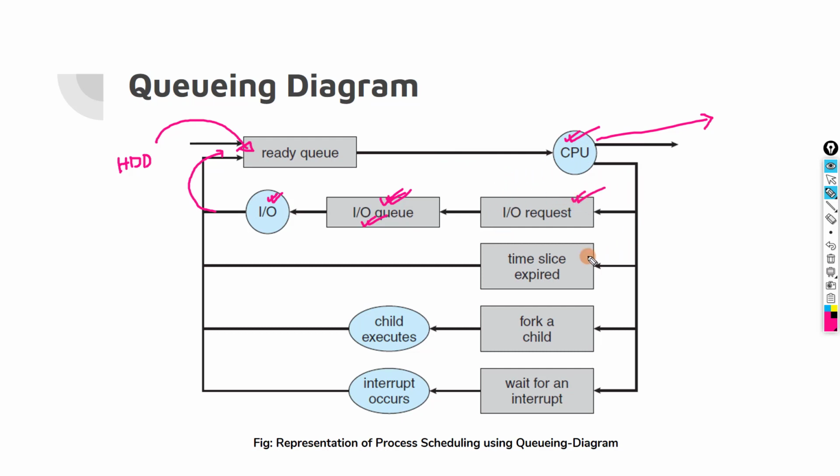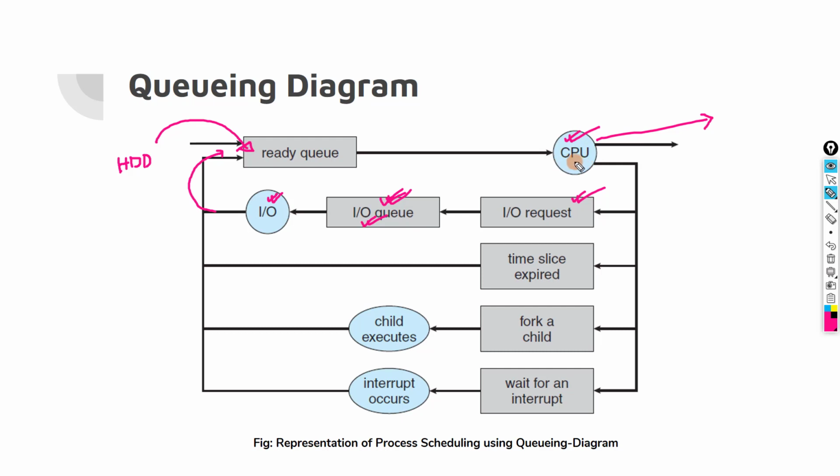Another scenario is that the time slice may expire. What does it mean? Whenever a process comes into the CPU to execute, the process doesn't execute there for indefinite or infinite time, right?